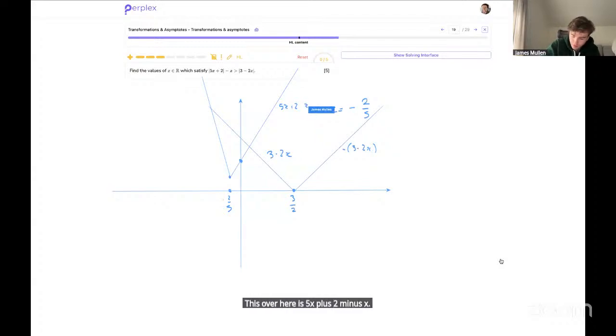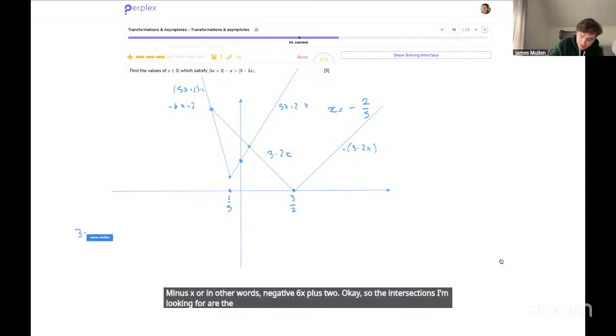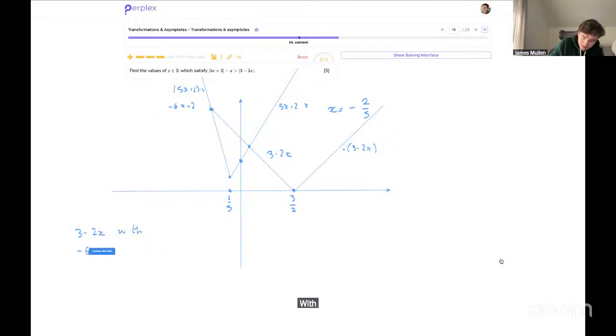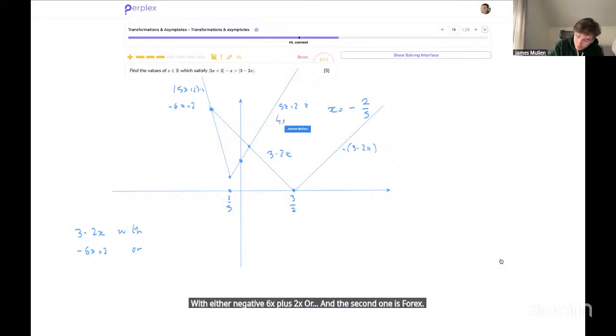And this one over here is negative 5x plus 2 minus x, or in other words, negative 6x plus 2. So the intersections I'm looking for are the intersections of 3 minus 2x with either negative 6x plus 2 or the second one, 4x plus 2.